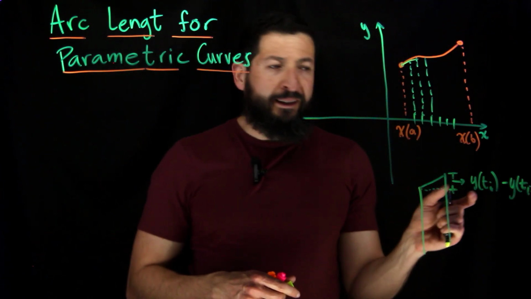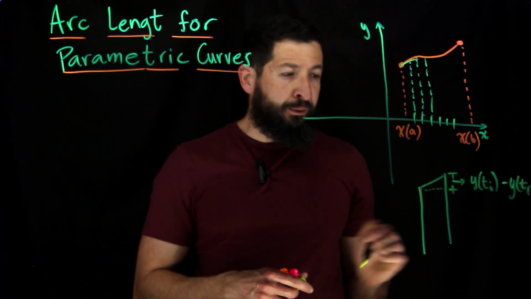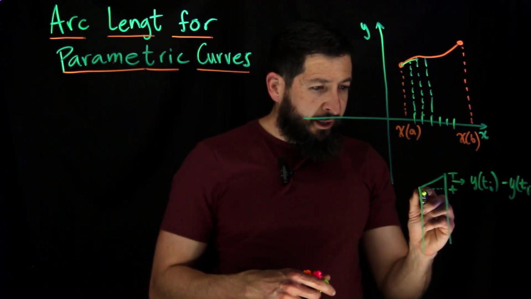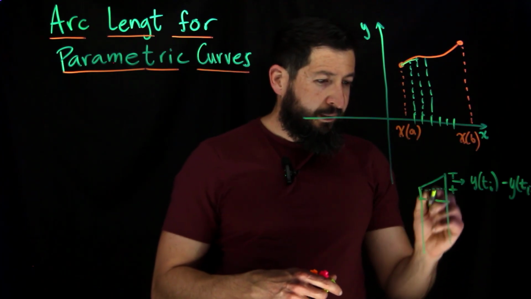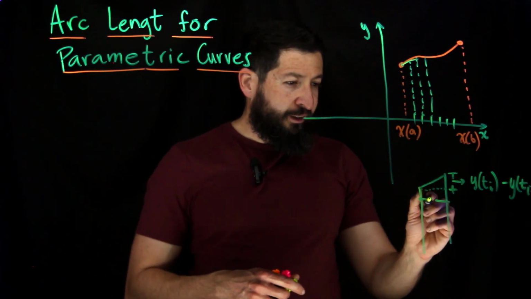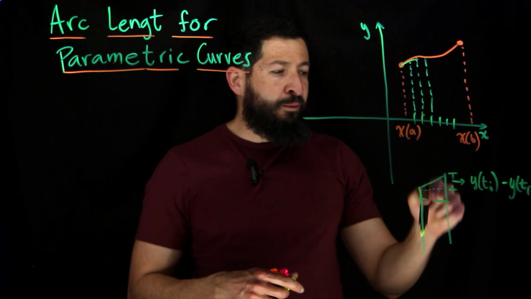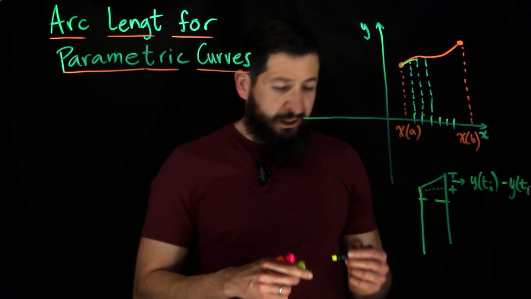So it's going to be your delta y, if you will. And now on this other side, you're going to have your delta x. So it's going to be your x of ti minus x of ti minus 1.